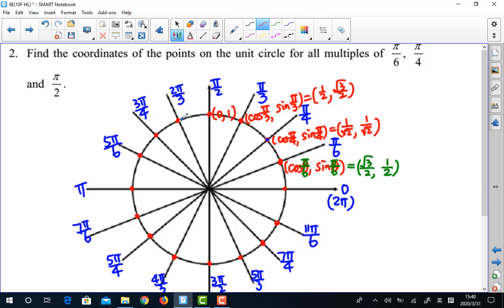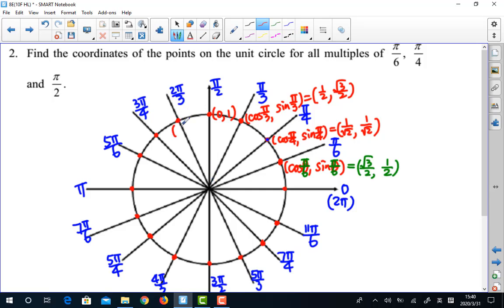How can we find the coordinates of this point of intersection on 2 pi over 3? Since 2 pi over 3 and pi over 3, these two angles have the same reference angle. And these two angles also demonstrate a reflection over the y-axis.